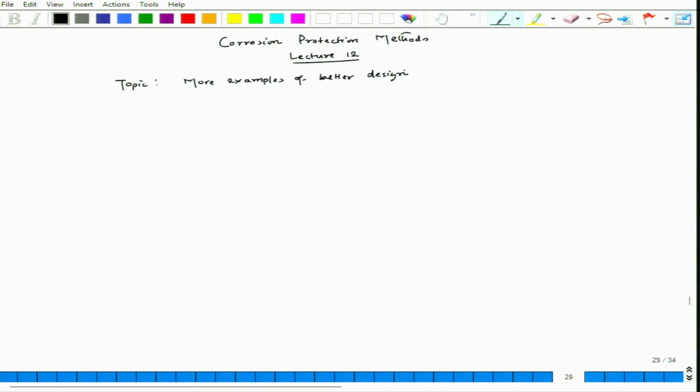Better design. Now, we have talked about the galvanic corrosion problem and better design in our last lecture. So, here we will be talking about examples on ion transfer. Now, let us say we have a container, let us say a glass container.